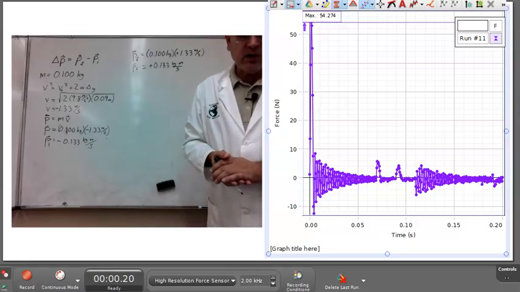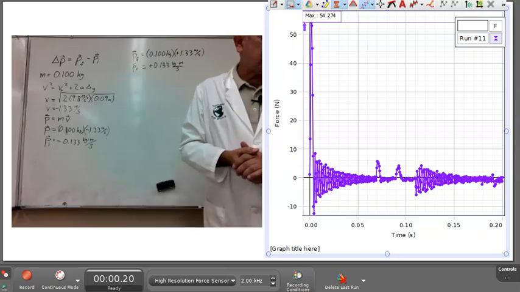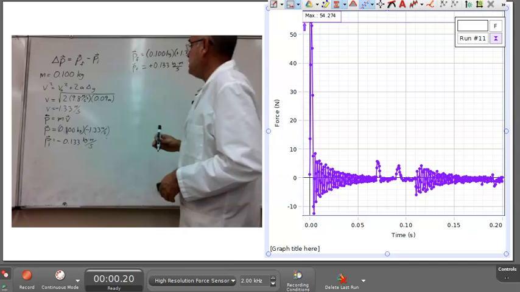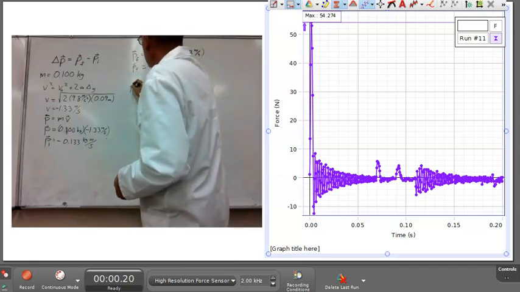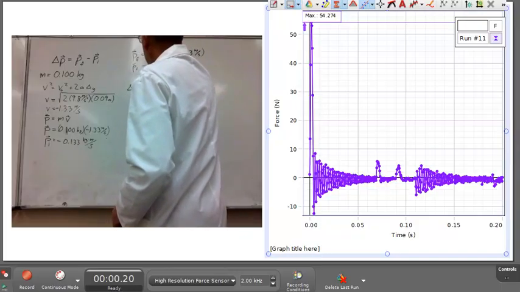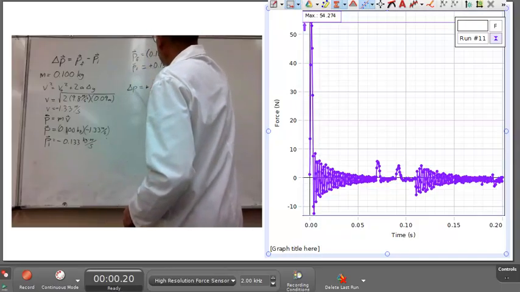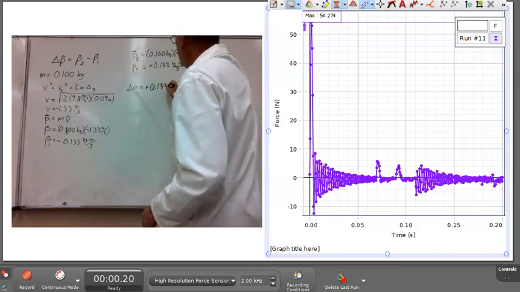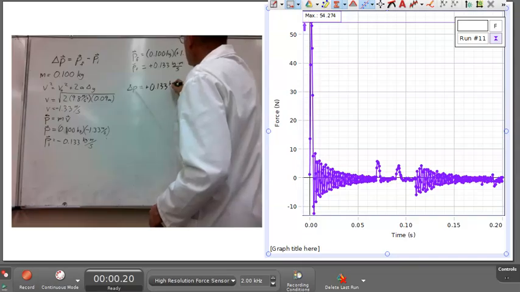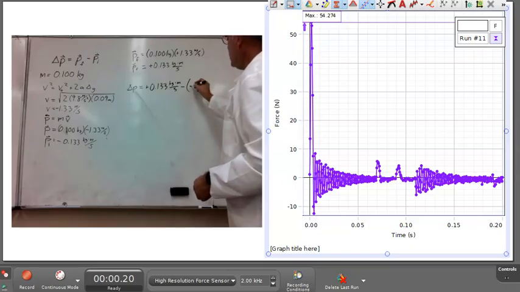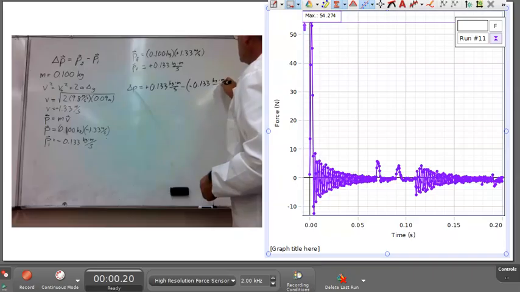That leads us to the next question. Calculate the change in momentum of the stopper. To calculate the change in momentum of the stopper, again, PF minus PI. So it becomes delta P equals plus final momentum, 0.133 kilogram meters per second, minus the initial momentum, minus 0.133 kilogram meters per second.